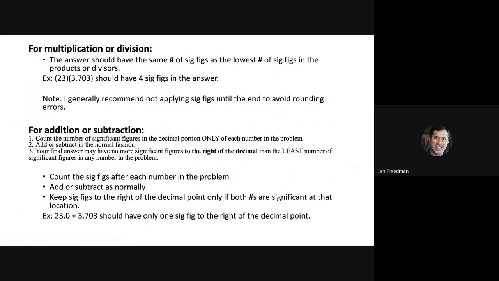So would we say that 26.7 is your answer? Okay.